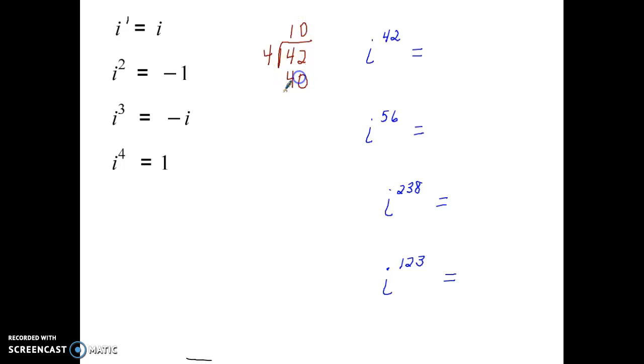My remainder would be 2. This remainder corresponds with that exponent. So i to the 42nd power should be the same thing as what i squared is, so this one equals negative 1.